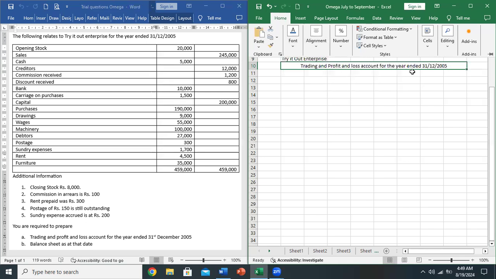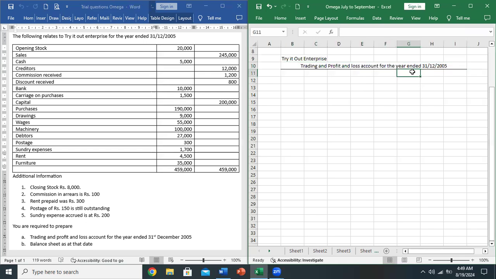Okay, so we put in our three columns. The currency is rupees. Yes. Okay, so we all know that for the trading account, we begin with our sales figure, right? So what is our sales figure here?